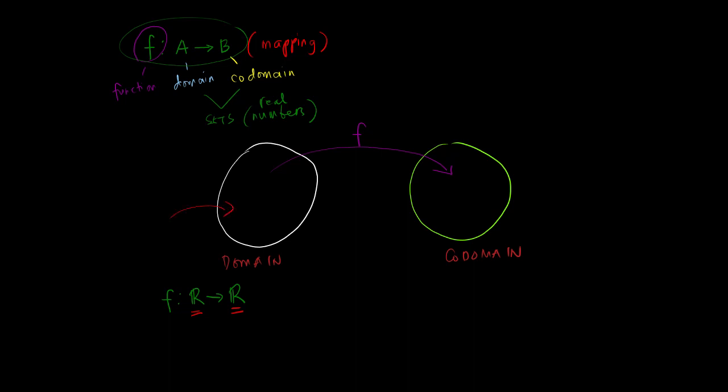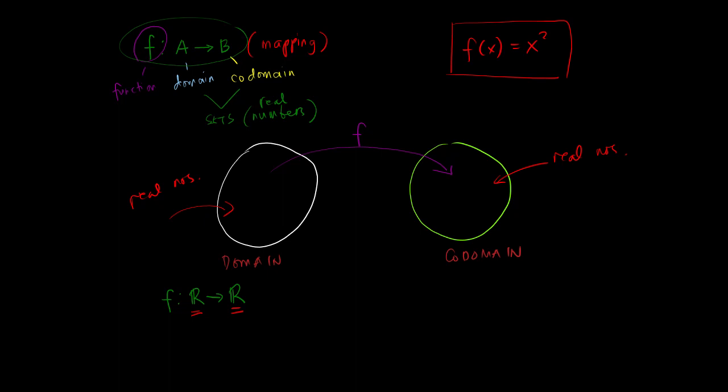So what's inside this are real numbers, and inside this codomain, real numbers also. Now, just for the sake of the discussion, let me take the function again, f of x equals x squared. We'll be working with this.